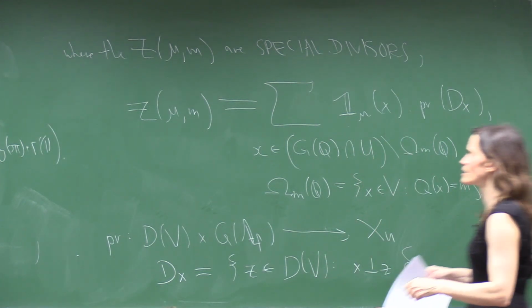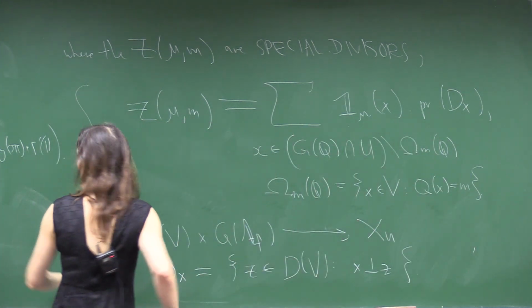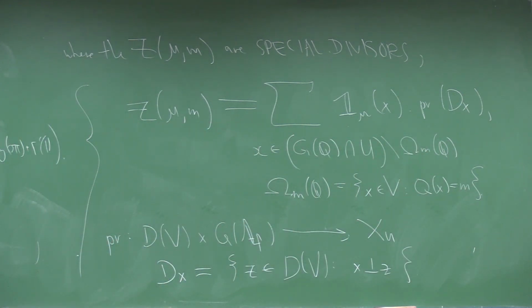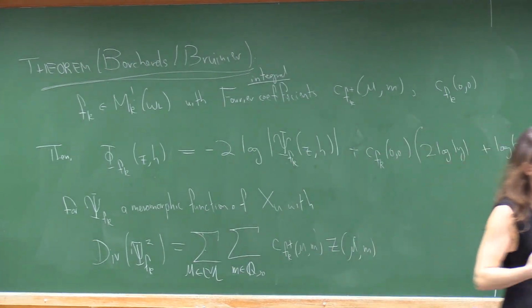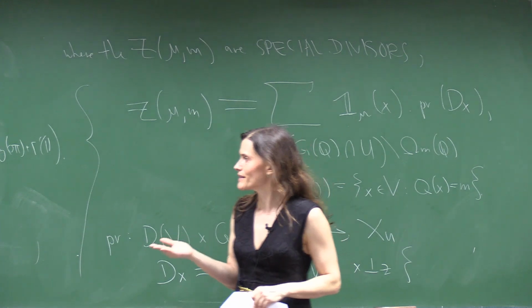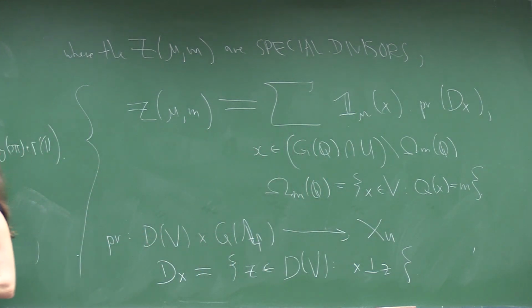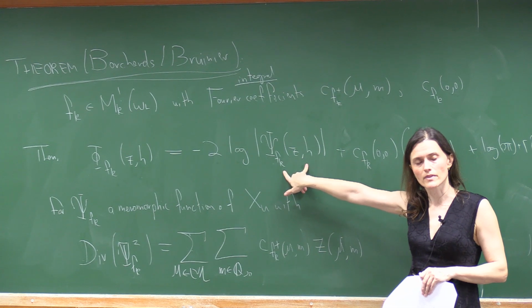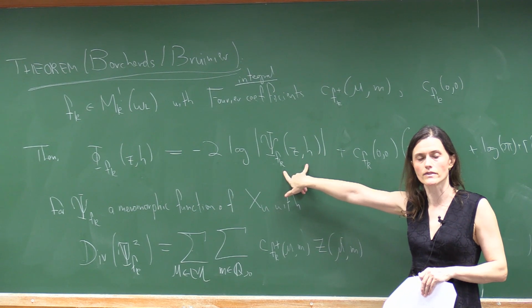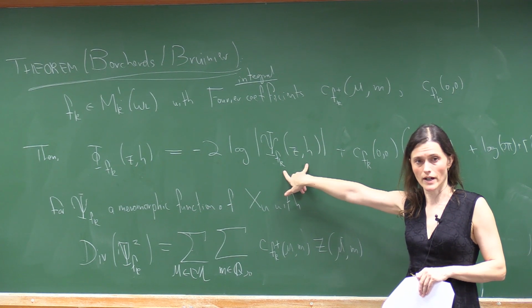Okay, so the point is you have a very explicit characterization of the values of this regularized theta lift in terms of the logarithms of the values of some meromorphic function whose divisor you can specify very precisely in terms of both the Fourier coefficients of the input form and the geometry of the ambient Shimura variety.